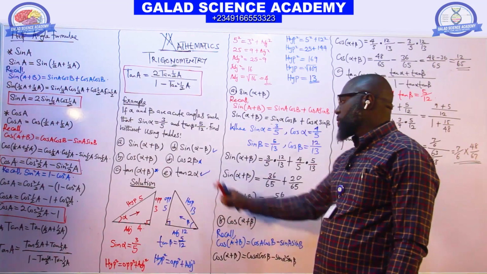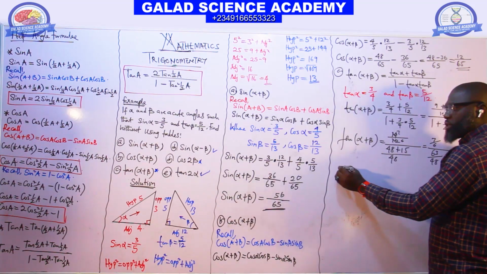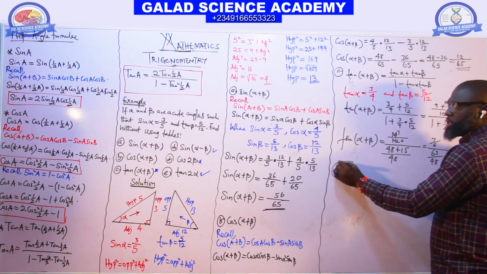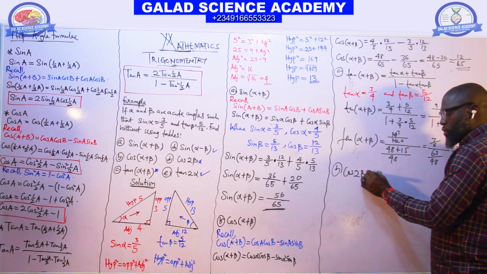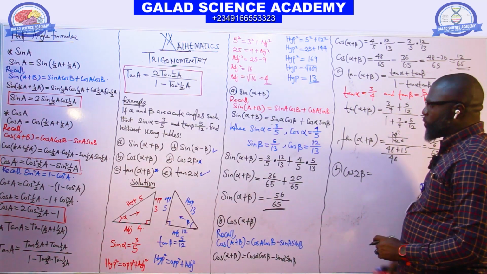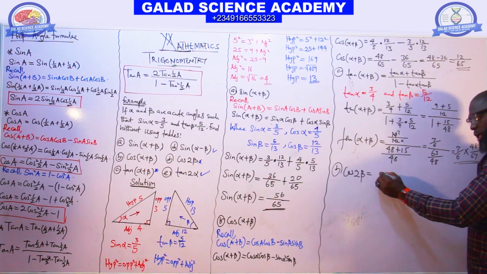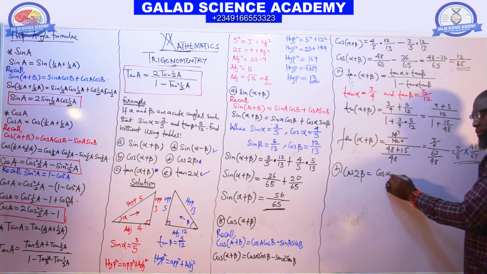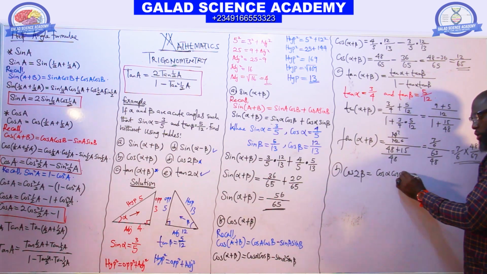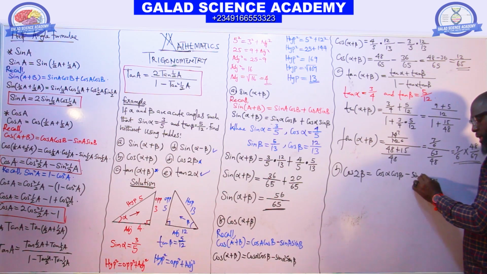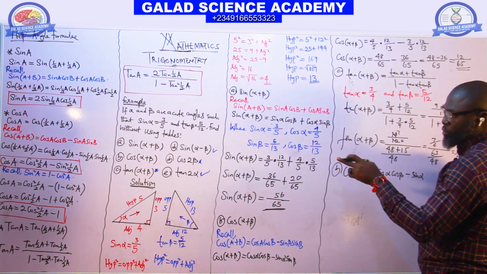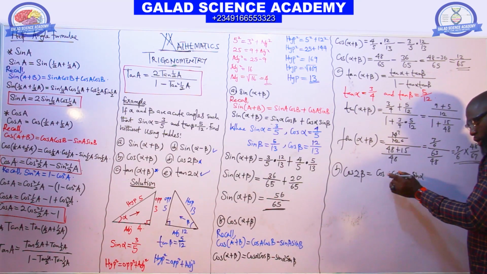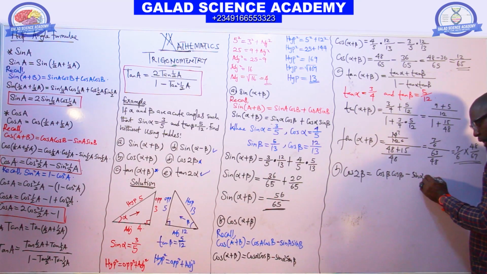And the last one that I'm going to solve is B, which is cos 2 beta. What is cos 2 beta? You all know that cos 2 beta is cos beta plus cos beta.